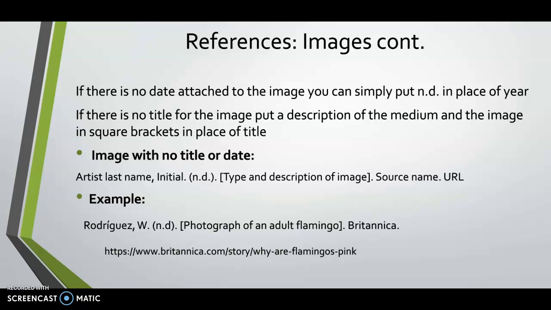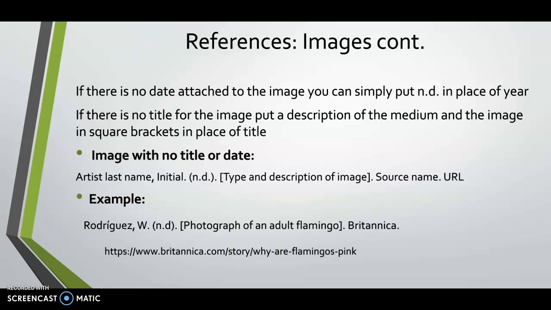All right, so sometimes you can come across an image that doesn't have a title, and oftentimes there is no date either. So in this case, you still need to cite with as much information as you can find. But if you can't find the information, you can't place the information in the citation.